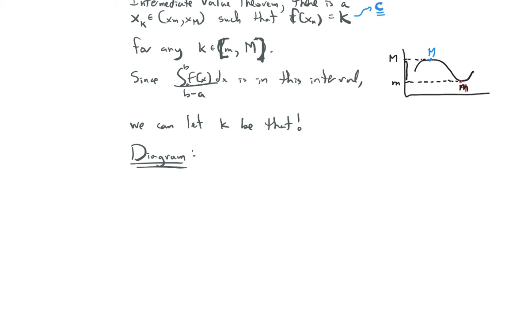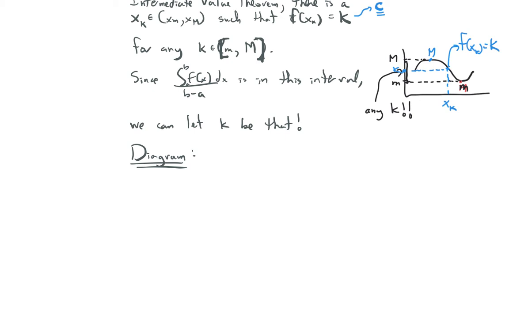So for any k in here, we can find an x value that attains that x sub k. So if we wanted, say, this k, then we know there's an x value that attains that. So when we plug x sub k into our function, we indeed get k. We know one exists.